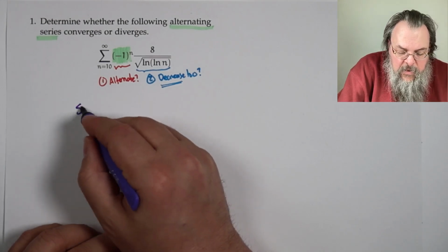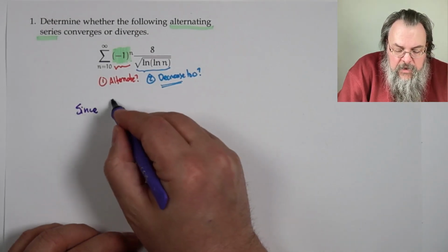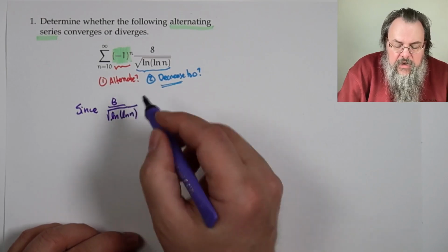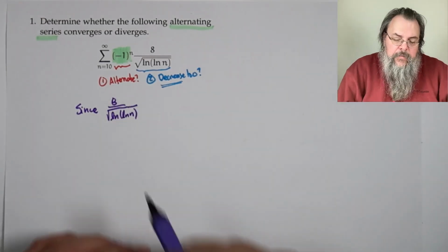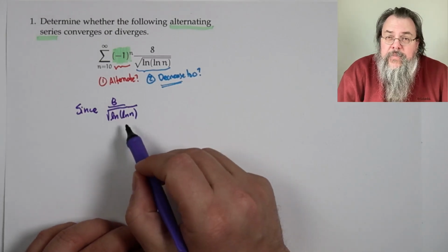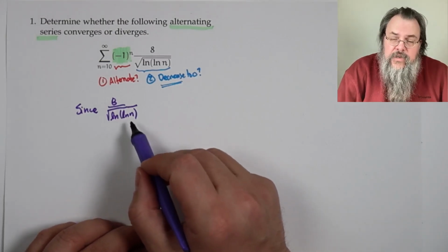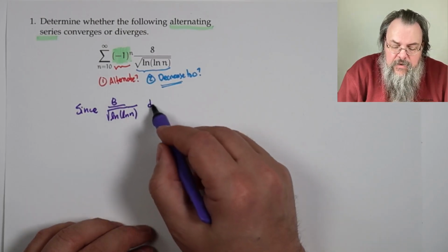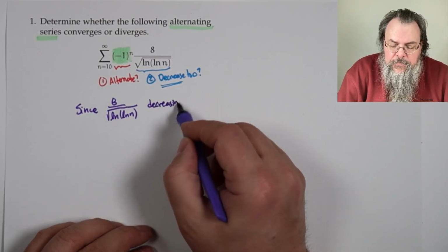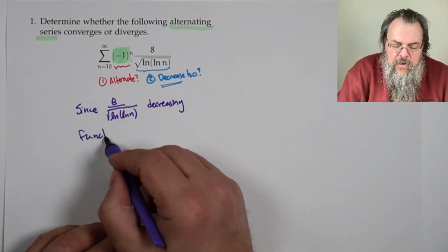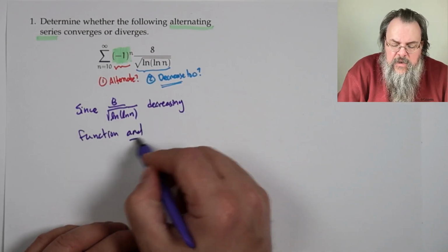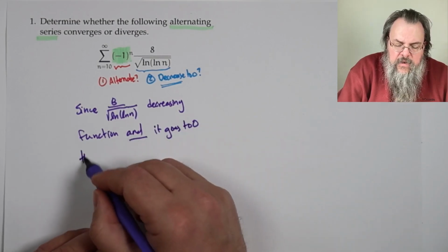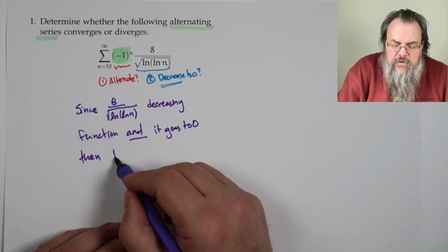Since we have 8 over square root log n, and the 8 doesn't really have any effect, the key thing here is log n. The larger the value of n, the bigger this term is downstairs. So this is a decreasing function, and it goes to 0. Then the conclusion is the series converges.